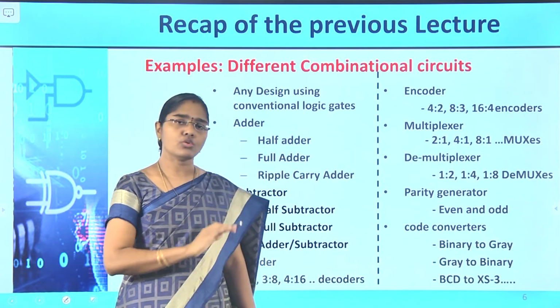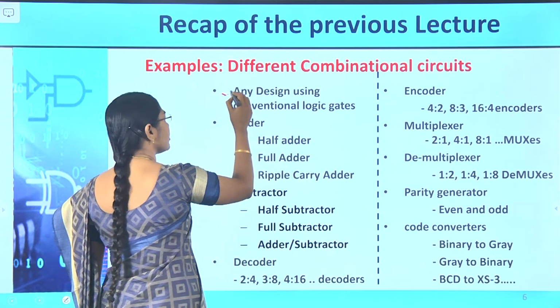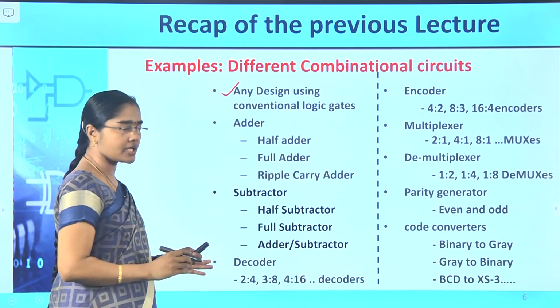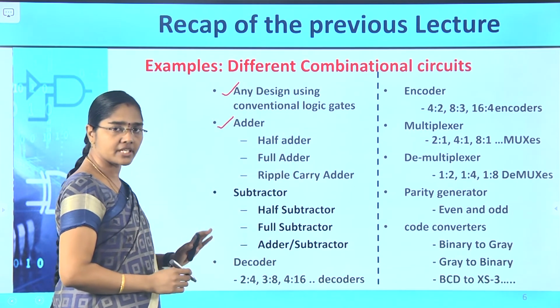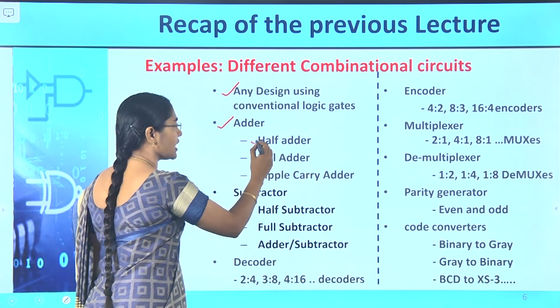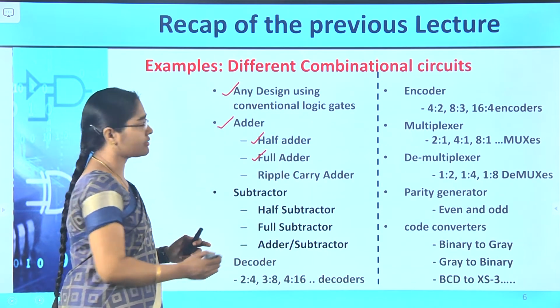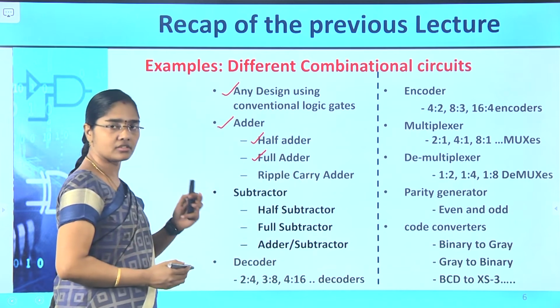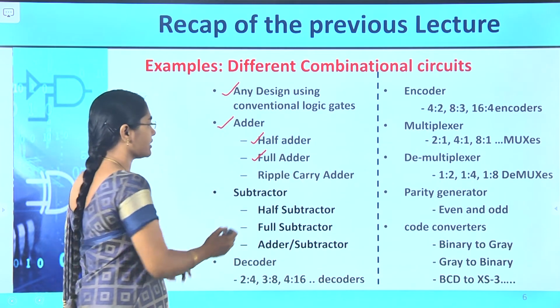So till the last lectures we have seen the design of any combinational circuits using logic gates, and as a part of arithmetic circuits we have completed adders, that is we have seen half adder and full adder designs using logic gates, and full adder using 2 half adders design we have seen.